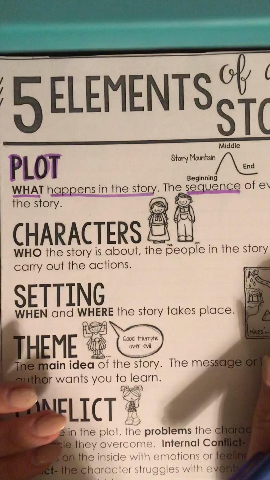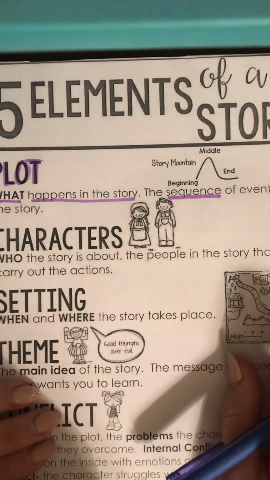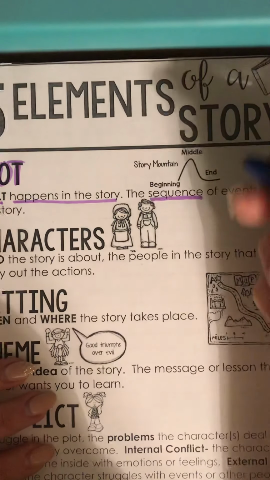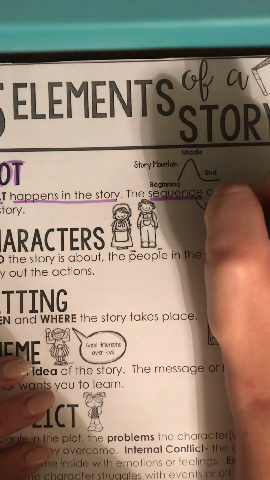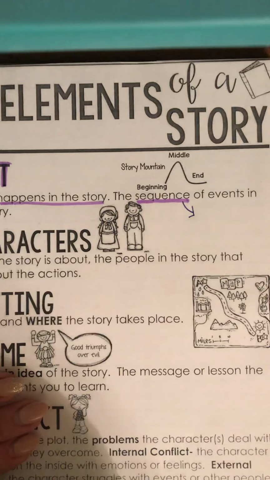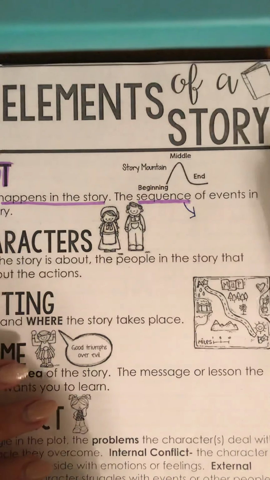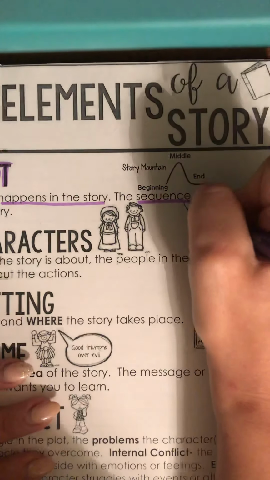Now, I'm going to underline the word sequence. If you were in my class, I would ask you what sequence means. But since I don't have anybody in here with me, I'm going to answer that for you. And we're going to draw a little arrow, and we're going to write the definition of sequence. The sequence is just a fancy word that means order.